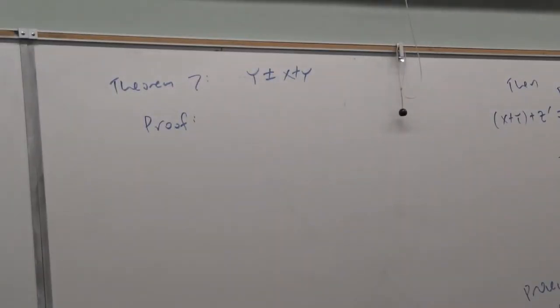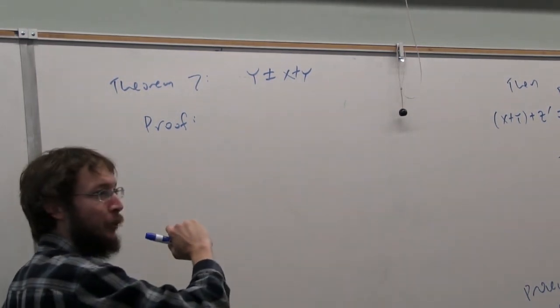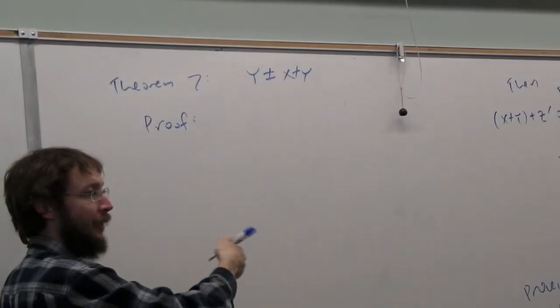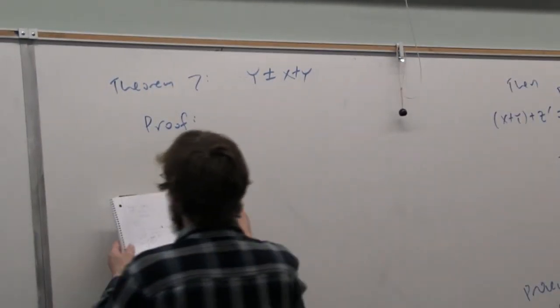So, any guesses on the technique that we're going to use? Induction. So, what do we do? We verify that it holds true for 1, and then after we've done that, we verify that it holds true for all successors. And if it's true for 1, and it's true for all successors, then it has to be true for all naturals.